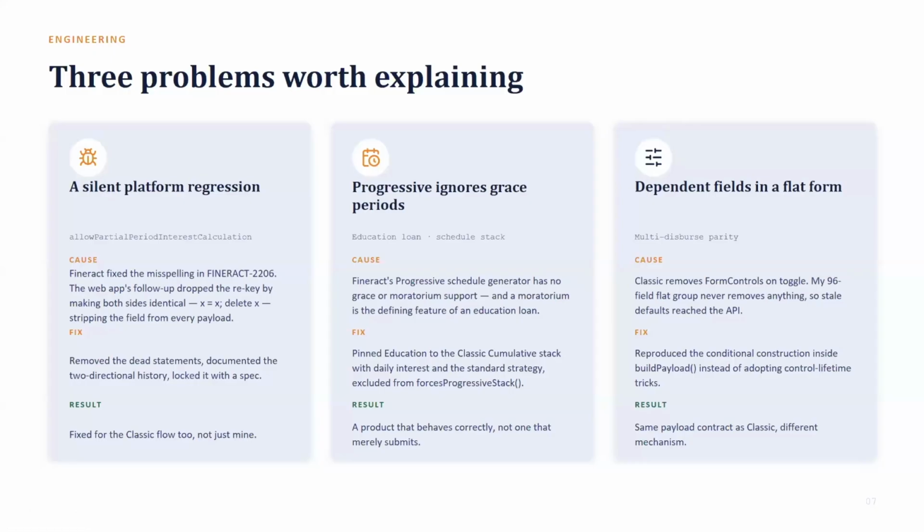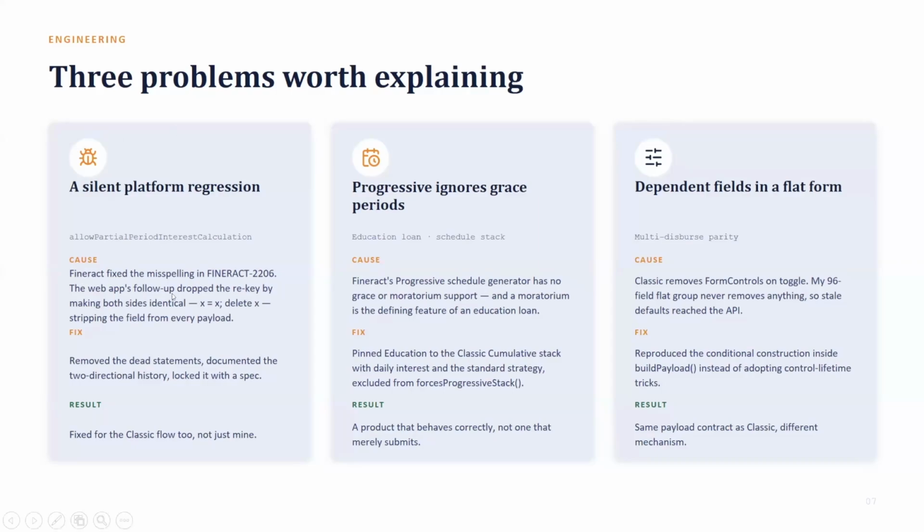The three problems which I came across while making this project were, first, in the classic loan product type, the allow partial period interest calculation. The backend had some misspelling issues; the Fineract 22.06 had the misspelling.